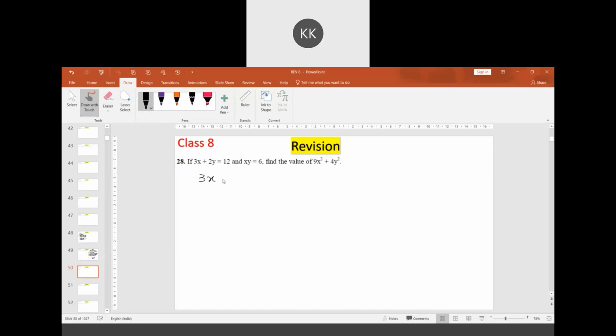We will consider the same 3x plus 2y, which is equal to 12, which is given. From this given, we will square on both the sides. On squaring both the sides, this becomes a plus b whole square, which is a square plus b square plus 2ab. So 2 times of 3x into 2y, which is equal to 144.